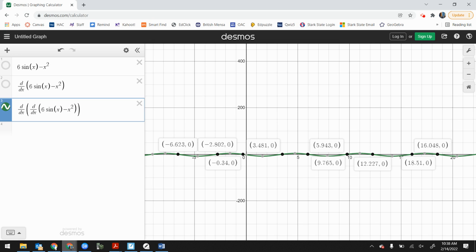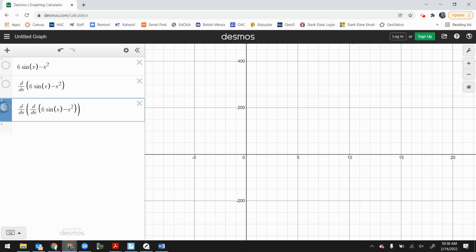From here, that's actually turn off. I don't need all of these. Let me just do this. So from -5 to +3. Well, I guess I don't even need 3.481. Yeah. So I really only have 2 inflection points right there: -2.802 and -0.34.